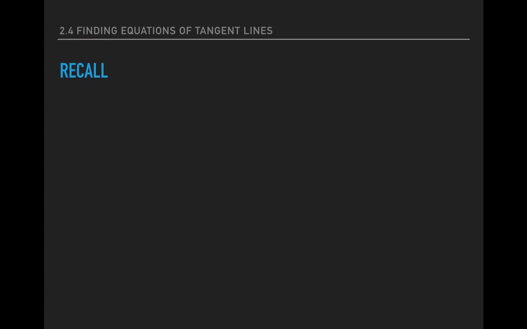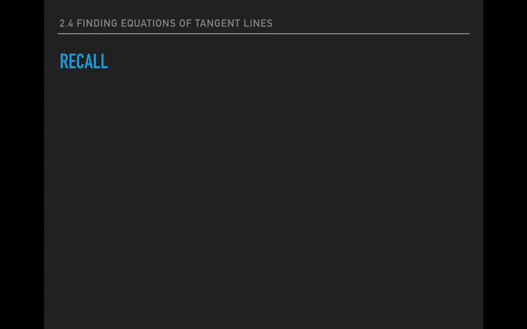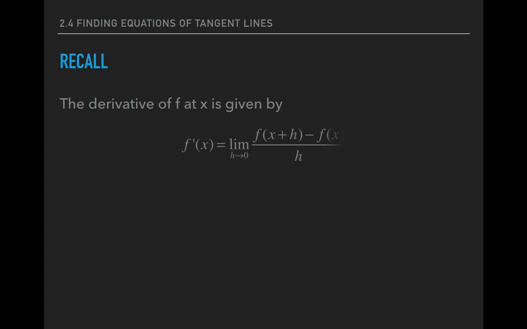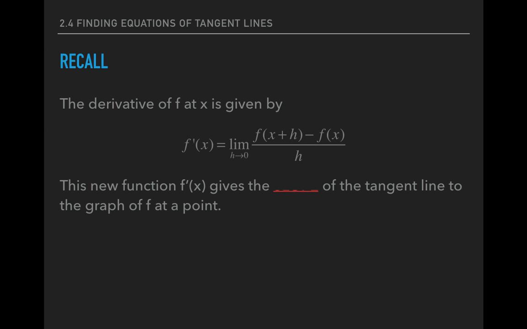So I want to clarify something and remind you that the derivative of f at the value x is given by this equation. And that function, f prime, in itself isn't the equation of the tangent line.